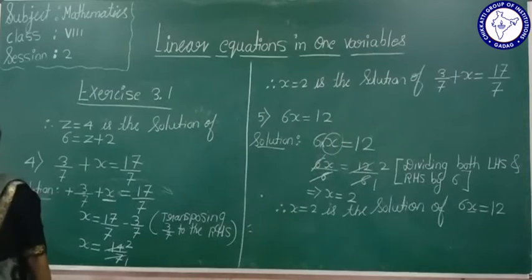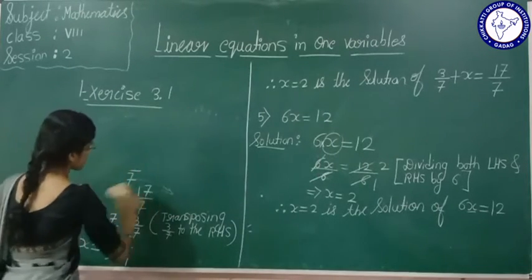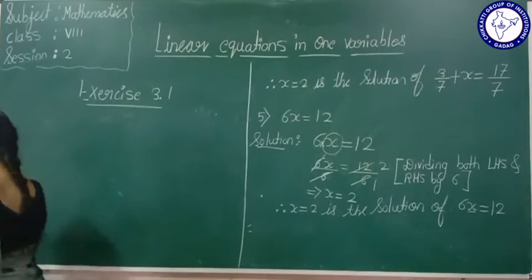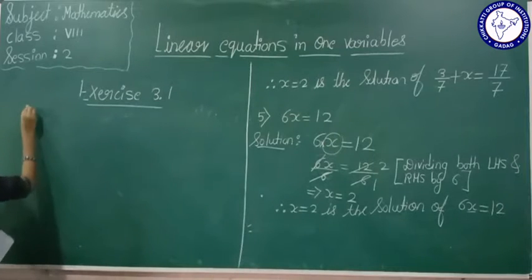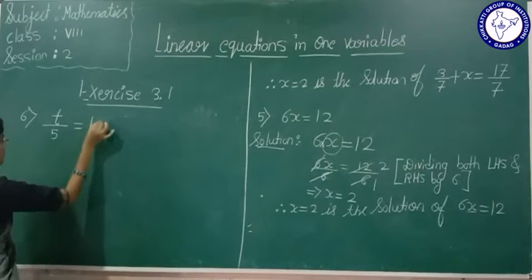Now we will see the sixth problem. The sixth one: t by 5 is equal to 10.